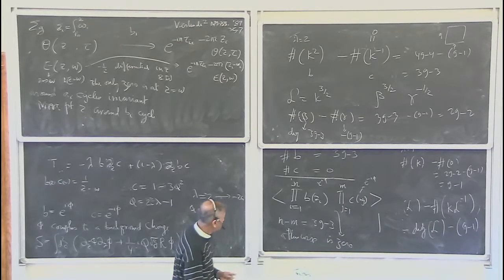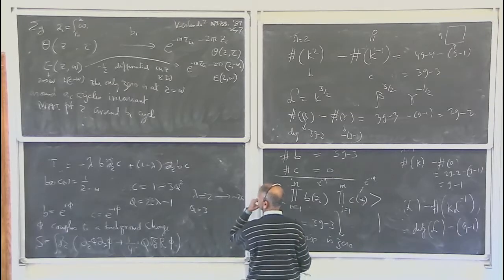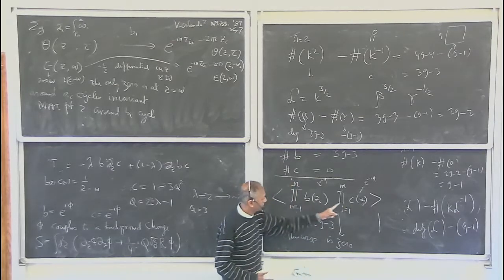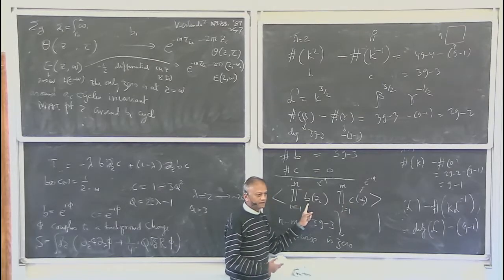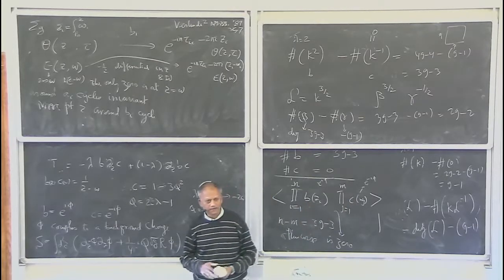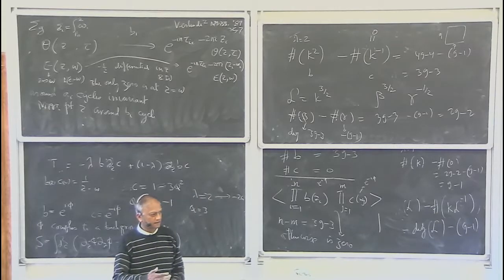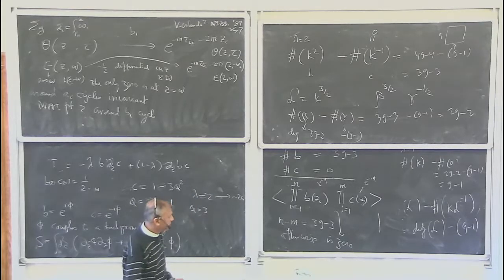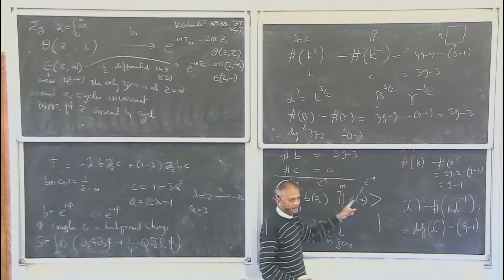Okay, so now let me just state the result of Verlinde. Verlinde gave this formula for this correlator, and it was very beautiful work. They actually went through the bosonization, and the singularity structure you immediately see, right?